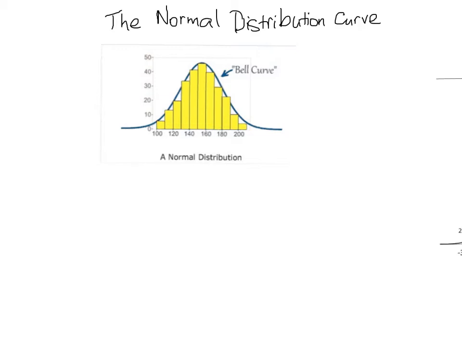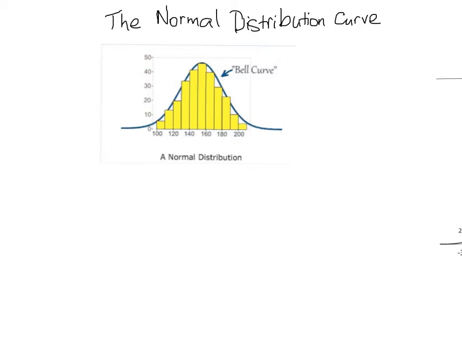Let's say, for example, we collected the weights of a whole lot of women, like a couple hundred, 1,000, whatever. Then we grouped the data and graphed it in a bar graph. The bar graph could have turned out looking like what we see in front of us right now.